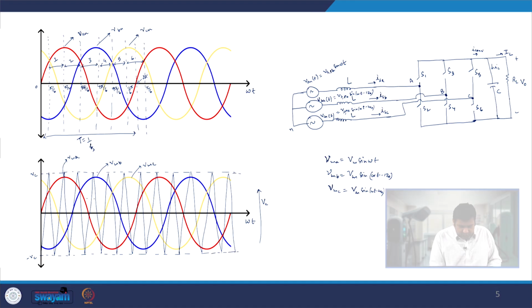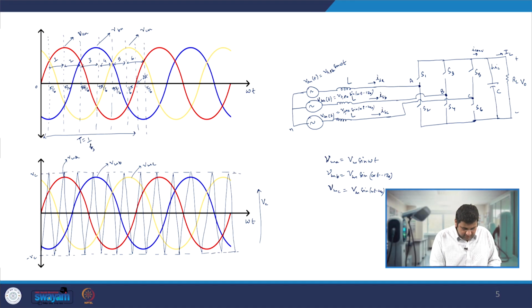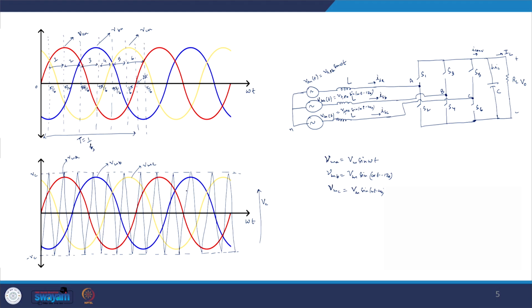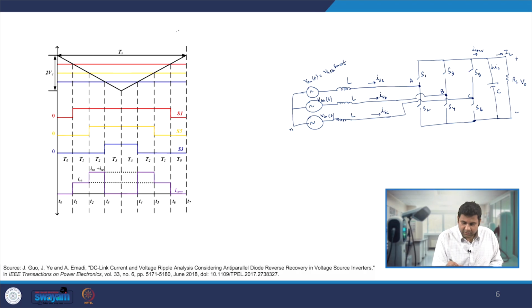So if you see this one, this TC or TS whatever I have drawn is very much bigger in time period. However, it is very small. Generally it is so small that this sampled modulating wave looks like a pure DC. So when we take one of the switching cycles or one of the carrier cycles in sector 1, this is operating mode 1.